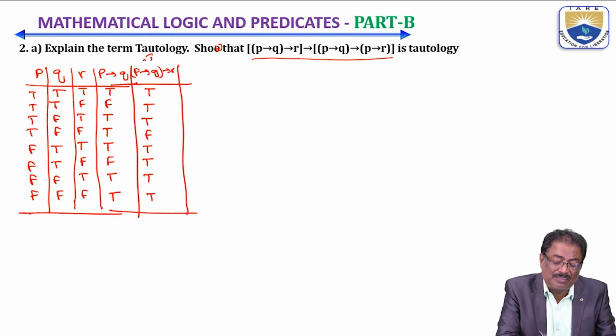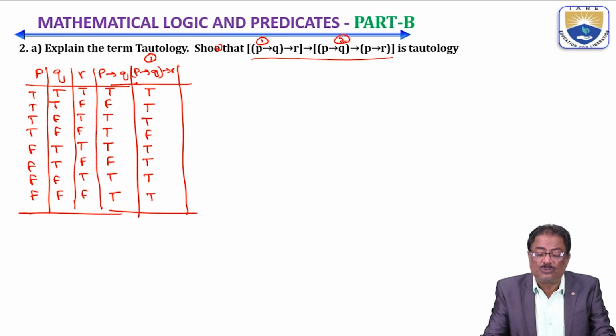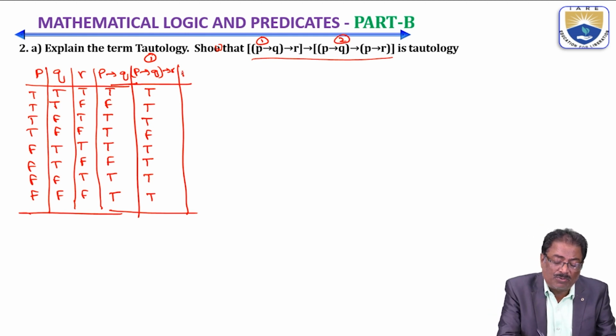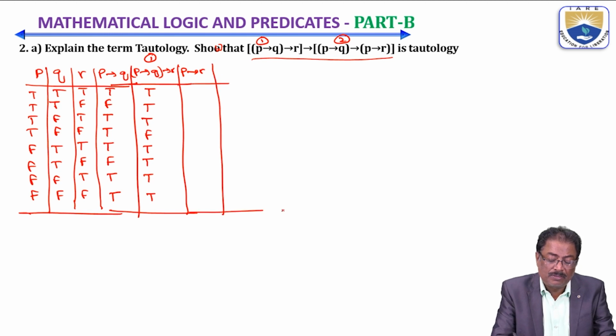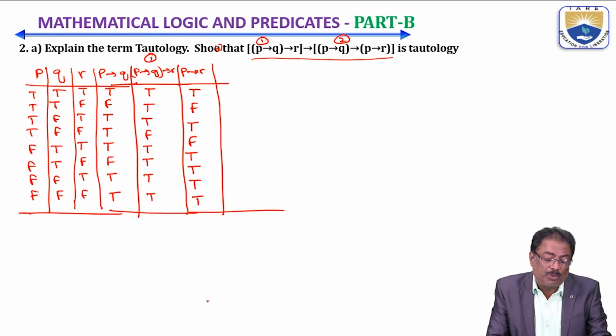Then let us call this 1, and this we are going to call 2. Then P to R, we take it as P to R. So P to R is true, false, then true, then false, then true, then true, then it is true, then it is true. So P to R I am going to get.